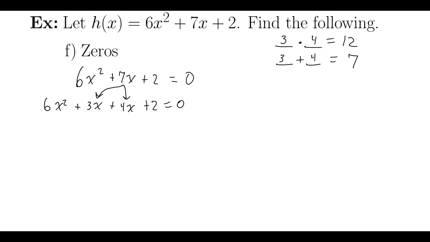Now that it's written into four terms, let's group together the first two terms and the last two terms. Factor out any common factors in each parenthesis. So the first one, 6x squared plus 3x, both are divisible by 3x.